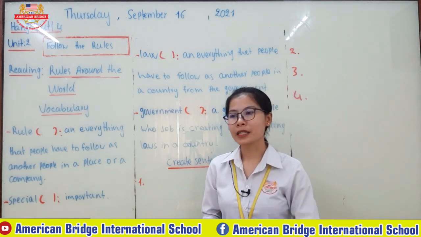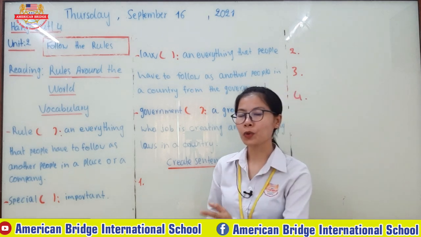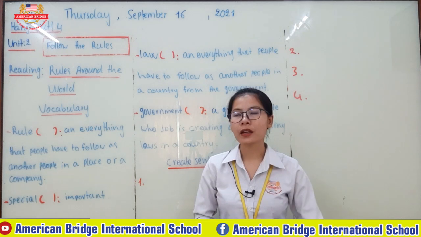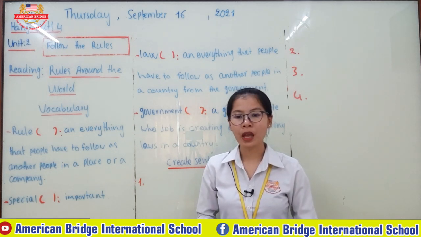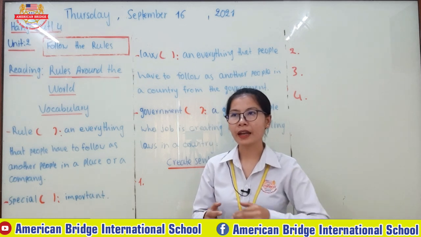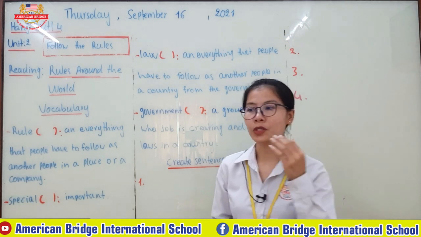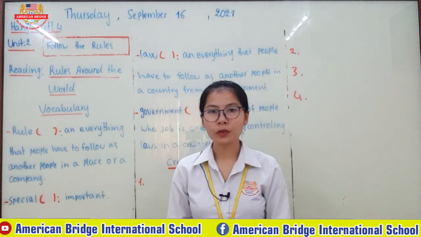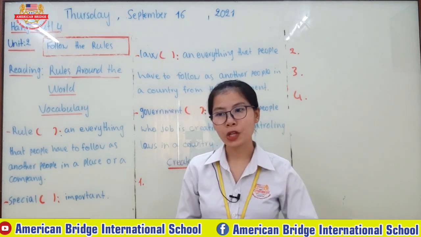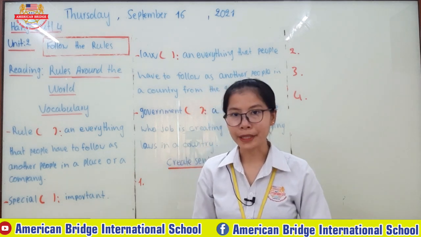So it is based on a leader in a place who creates what you should do, what you should not do, what is right, what is wrong in a place, right? So a rule isn't from the government, and if you break the rule, it doesn't mean you break the law, it doesn't mean you have to go to jail. When you break the rule, you might just get some punishment from the leader or from the manager or from someone who leads the group only.